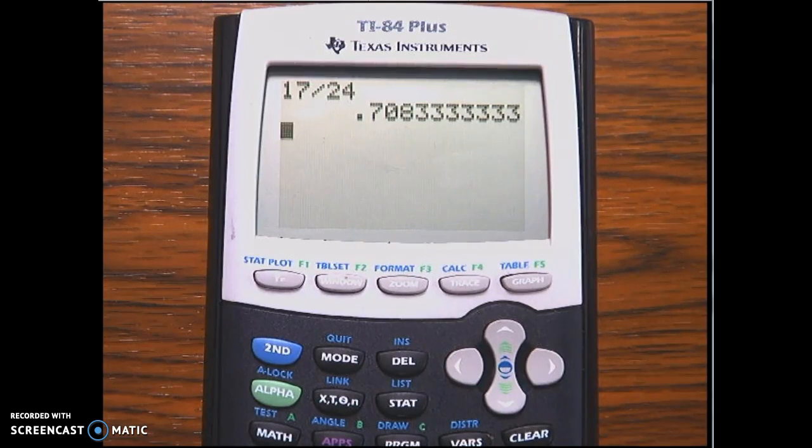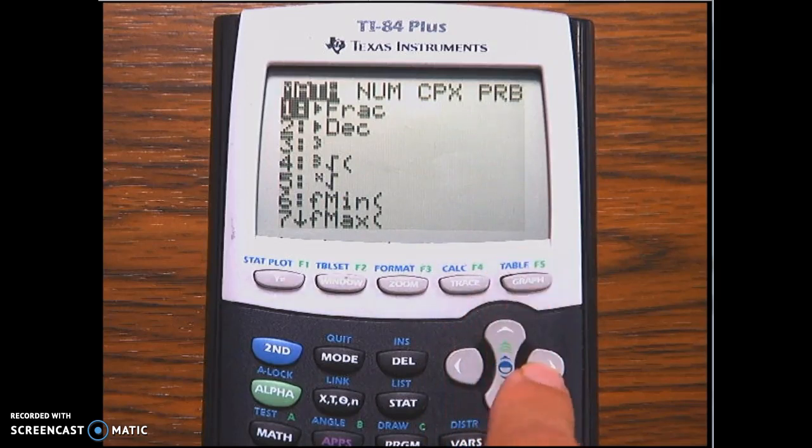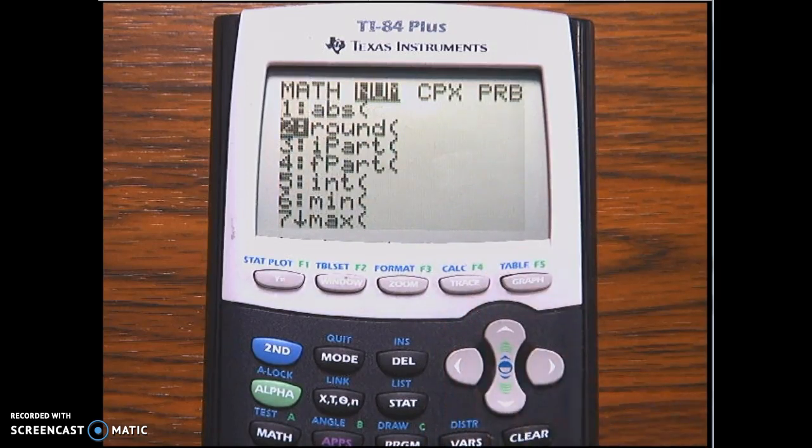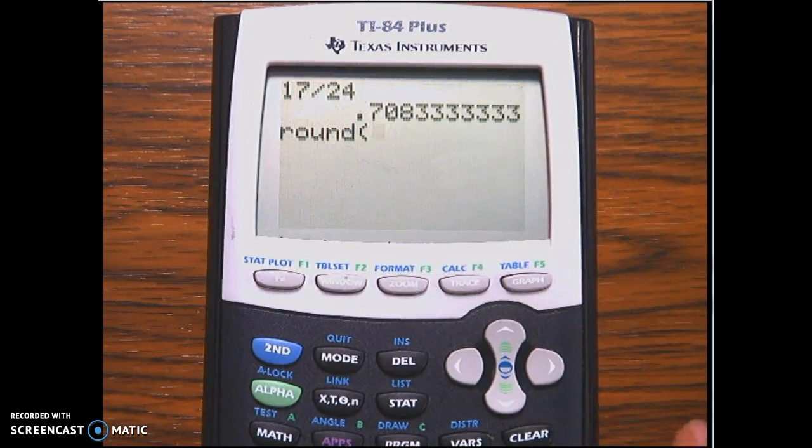So if I wanted to round that number, I could use a function under the math field here. If I hit math and go over to NUM, short for number, and select 2, math num 2, that's the round function. And I could just type in that number, as many 3s as you want, and then do a comma and the number of decimal places you want to round to.